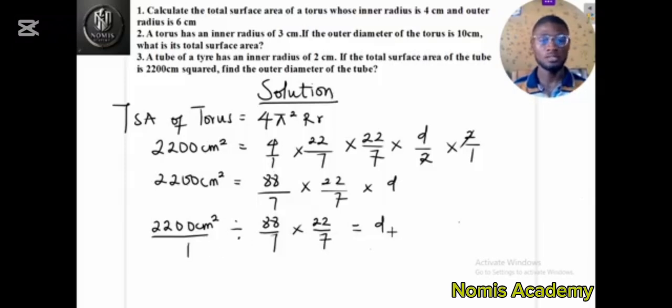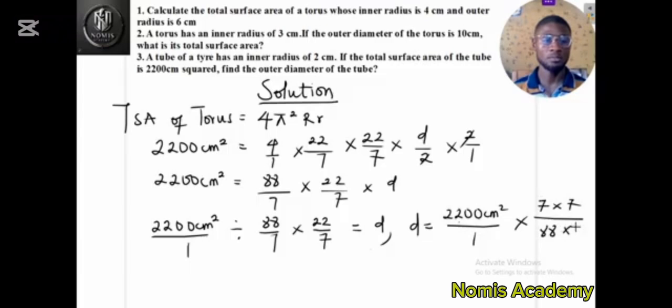So I can simply say D is equal to 2200 centimeters squared over 1. Now multiply by, everything here goes up and this one comes down. So that will now be 7 times 7 all over 88 times 22.